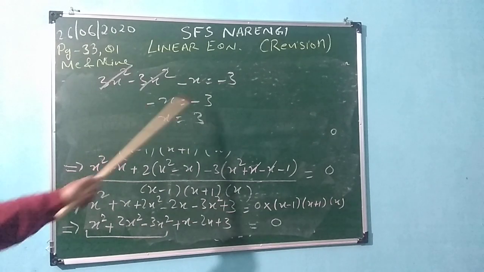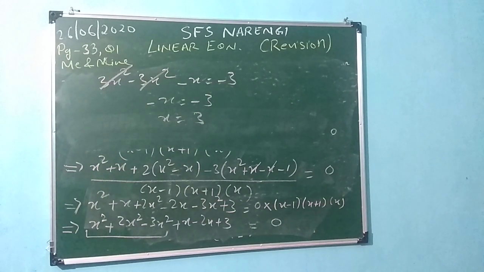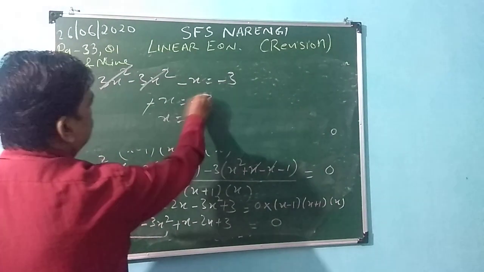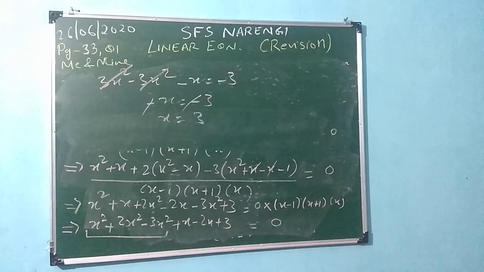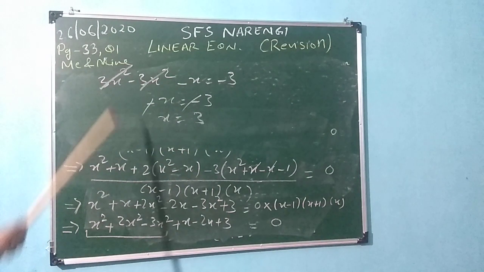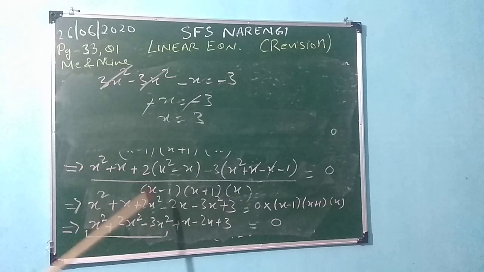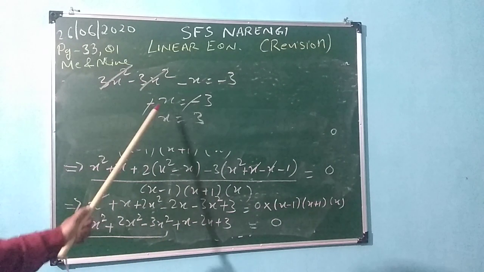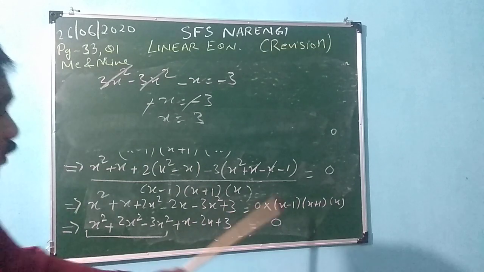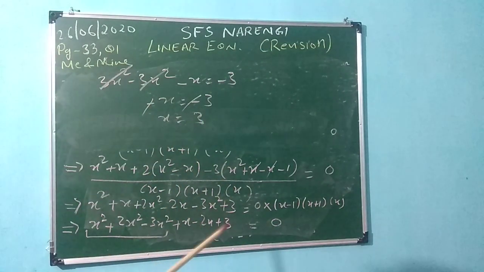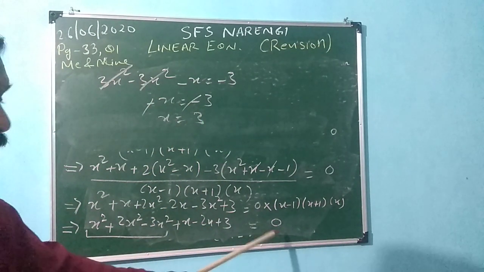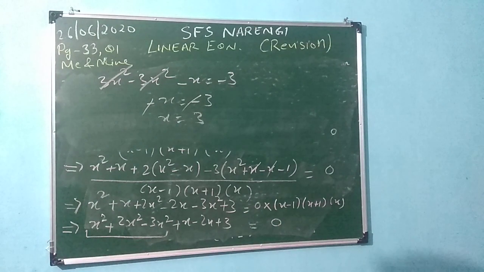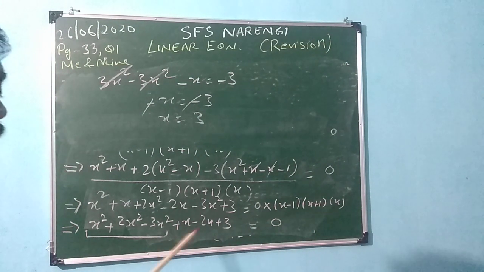Clear? Because when both are minus, you can cancel this minus minus, it will become plus. So here it is I have done. So x square plus 2x square is plus 3x square. So plus 3x square minus 3x square is cancelled. And x minus 2x will give me minus x. And when this plus 3 will go this side, it will become minus 3. It goes this side means transposed. Okay, the word is transposed actually. But in simple words I am putting it as it goes that side. So x is equal to 3 is the answer.